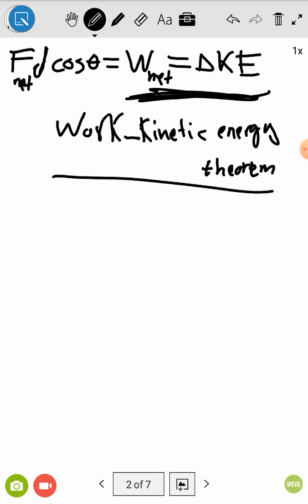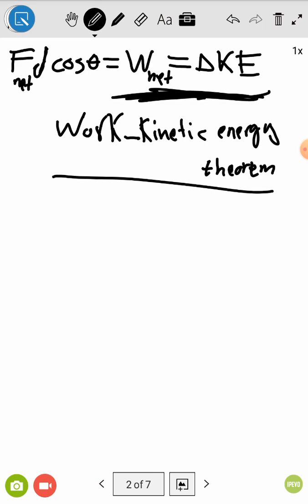We can say that the work kinetic energy theorem says that the net work done by the net force acting on an object is equal to the change in the kinetic energy. Again, the net work done by the net force acting on an object is equal to the change in the kinetic energy.